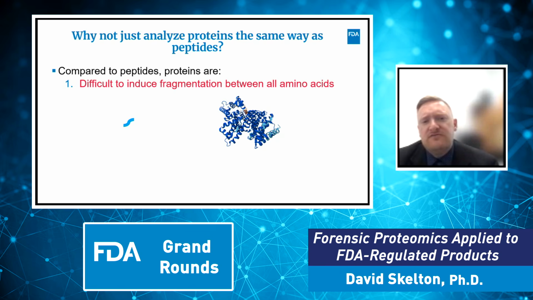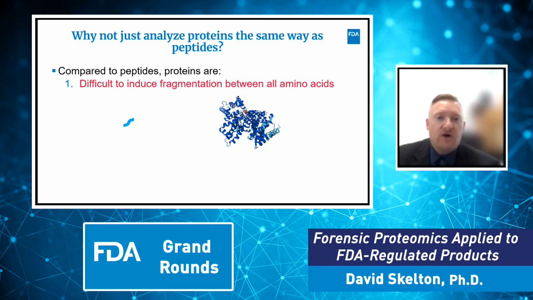And so it's difficult to find mass spectral parameters that will fragment at the amide bond between every single one of the amino acids. And if there's any region in this larger protein amino acid sequence that we don't have fragmentation between each of those amino acids, then that sequence in that region is ambiguous. We can't say for certain what that is.